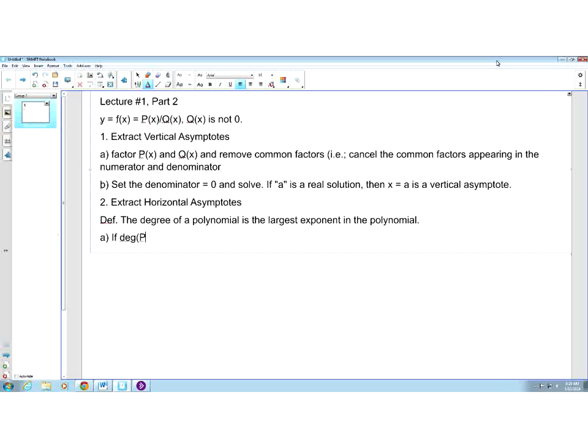If the degree of the numerator, p of x, is less than the degree of the denominator, q of x, then the line y equals 0, or the x-axis in other words, is a horizontal asymptote.